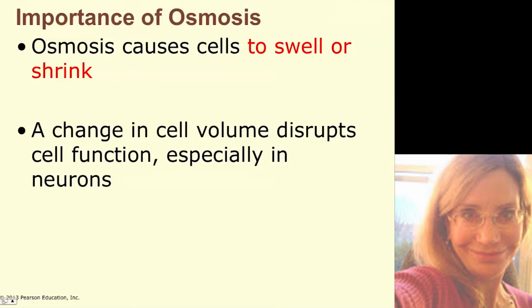This is really important in the body because osmosis will cause living cells to swell or shrink depending on what type of fluid that they are surrounded with. A change in cell volume either way will disrupt cell function, especially in neurons.